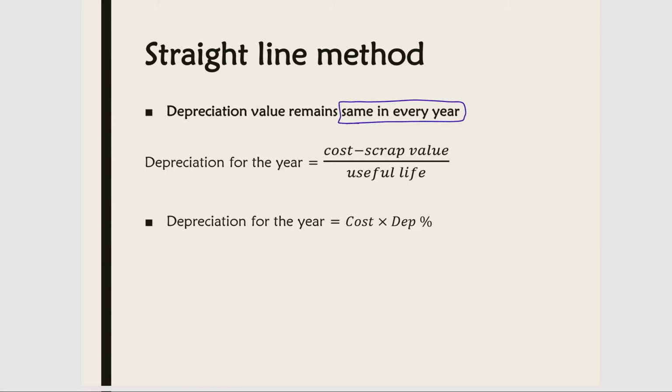That means every year, the amount of depreciation we are going to record in the income statement will be the same. We can calculate depreciation in the straight line method in two ways. Number one, we can use the formula cost minus scrap value divided by useful life, and number two, depreciation is equal to cost into depreciation percentage.